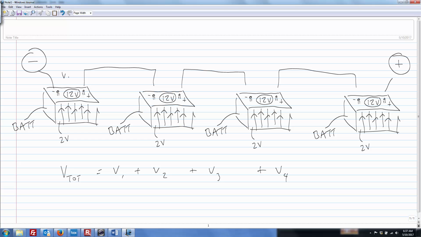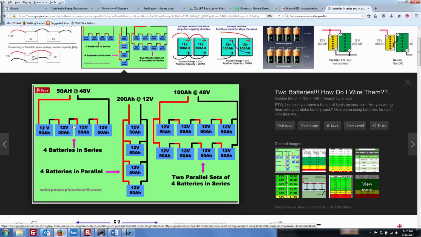This is V1, this is V2, this is V3, this is V4. All of those voltages are 12 plus 12 plus 12 plus 12 equals 48 volts. So that's for the series connection.